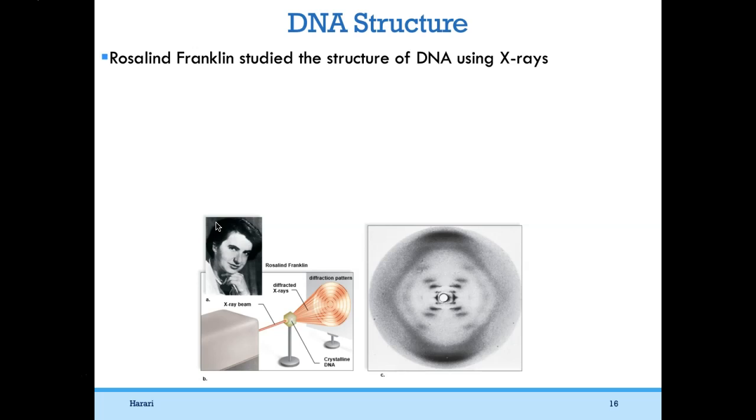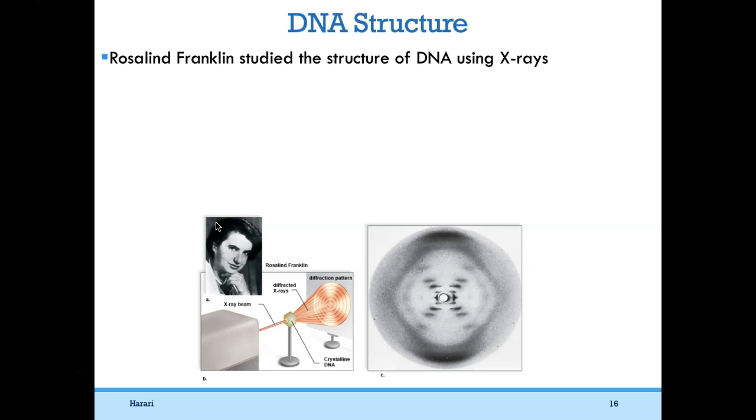And Rosalind Franklin was Jewish, and she fought a lot of obstacles to try to get her work published as well. So she should be celebrating her 100th anniversary in the year 2020. She would be 100 years old. But unfortunately, she died at the young age of 37.